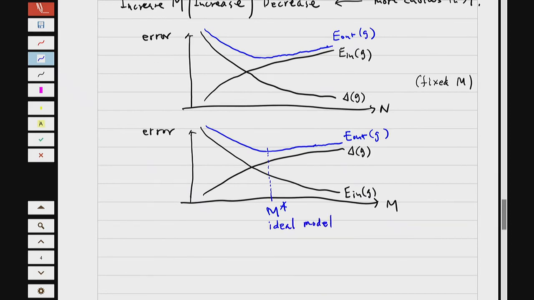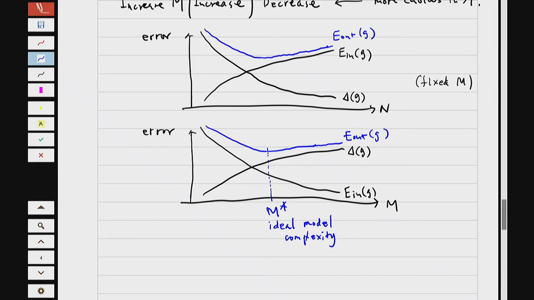So the ideal model complexity. And again, as you imagine, a linear model has fewer hypotheses than a quadratic model, and a quadratic model has fewer hypotheses than a neural network. So you can replace this M by different orders of polynomials or SVM and neural networks and so on.